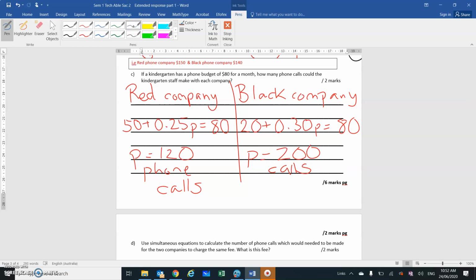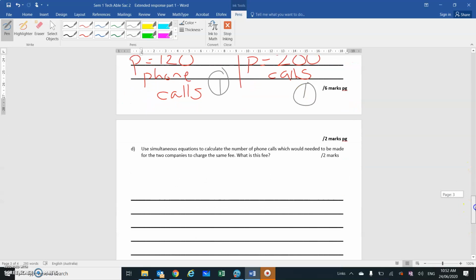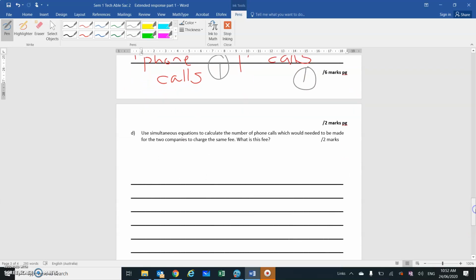And there'll be 1 mark there, 1 mark there, for 2 marks. All right, let's move on. Part D, use simultaneous equations. You're actually told what to do. Use simultaneous equations to calculate the number of phone calls needed for the two companies to charge the same fee. What is this fee?